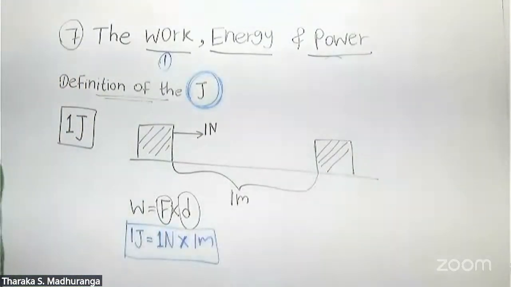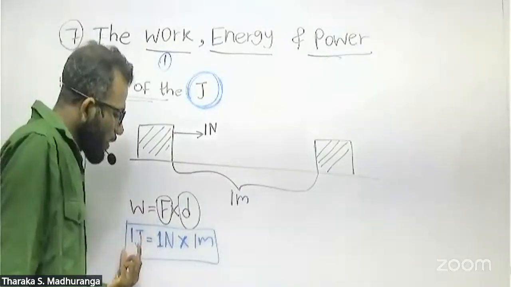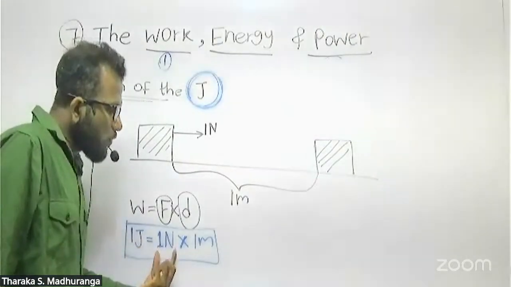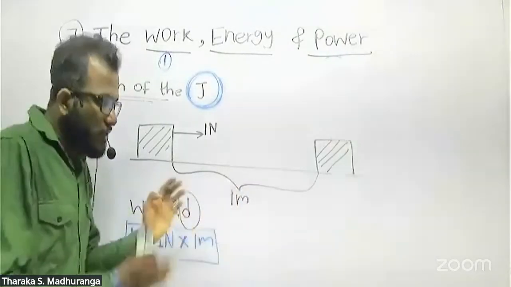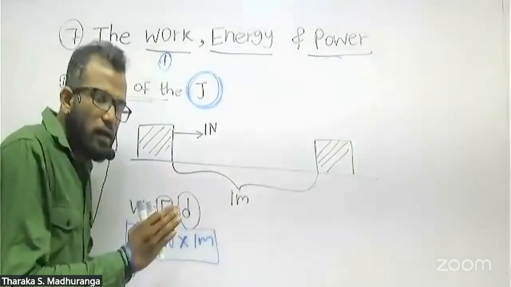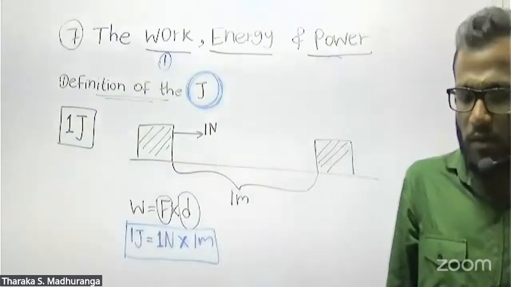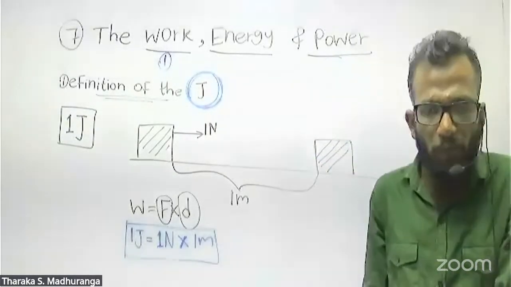You can easily remember the short answer: 1 joule equals 1 Newton external force when this object is displaced 1 meter; the work done we call 1 joule. Okay, this point is understood. Did you get the point?